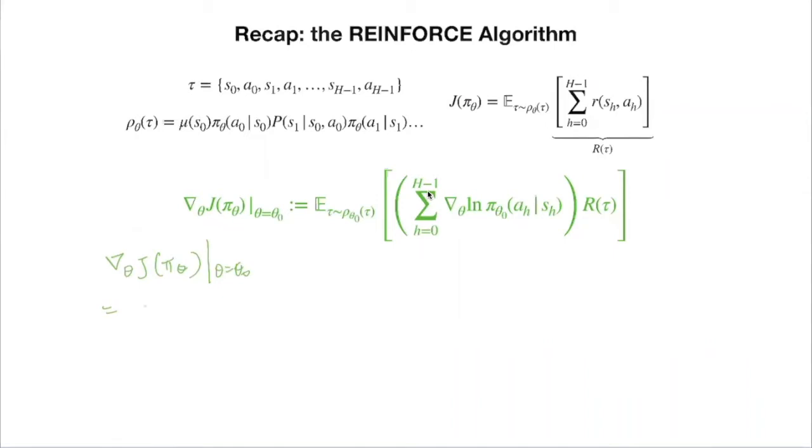By definition, I'm just writing out the definition of our objective function J. And now let's do this importance weighting trick. I'm using the current parameterized trajectory distribution as my sampling distribution.